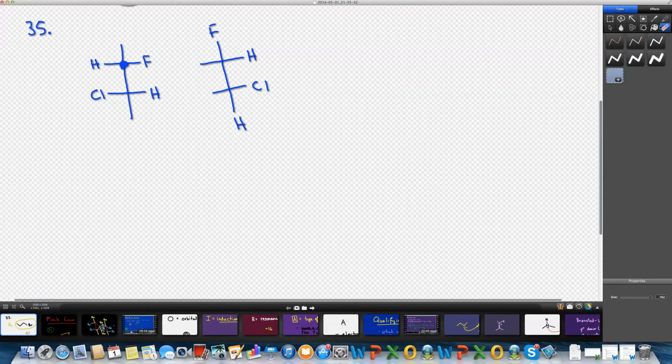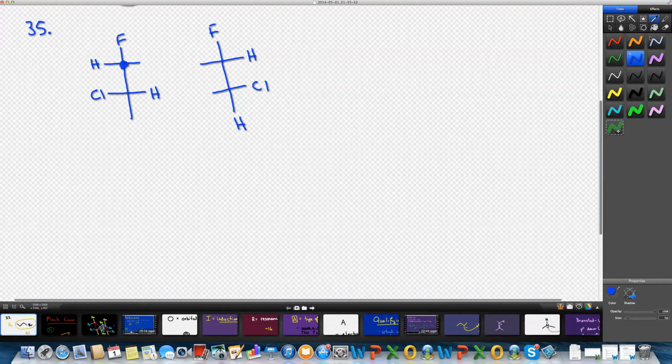So the first thing that I'm going to flip is going to be the F and the methyl group. So now F is on top, the methyl group is to the right.